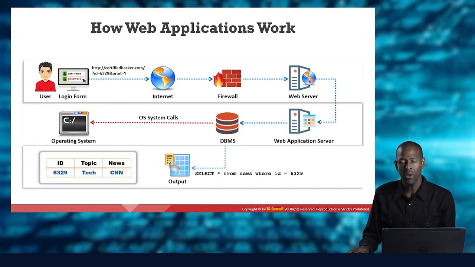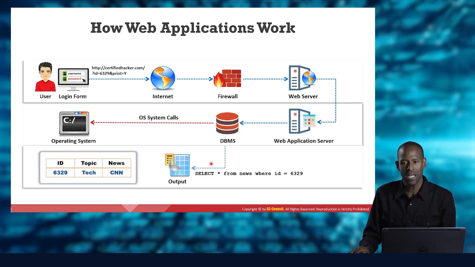The web server may then contact a web application server, and that web application server may say, hey, database server, there is an ID of 6329 that's specified. Database server, can you please look that up? The database server says, okay, I have a query.